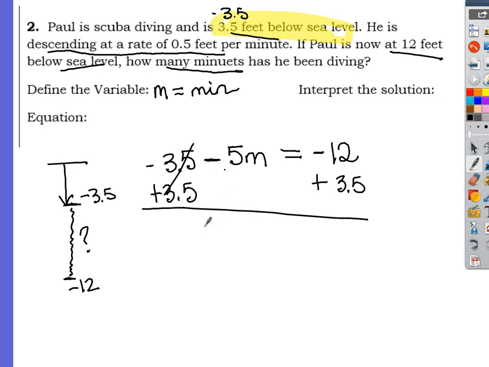This is going to leave me, don't forget, that negative 0.5m. Okay, I'm going to technically, remember, subtract these because they're different signs and take the sign of the larger absolute value, so negative 8.5. And then the inverse of multiplying is dividing, so I'm going to divide by negative 0.5.